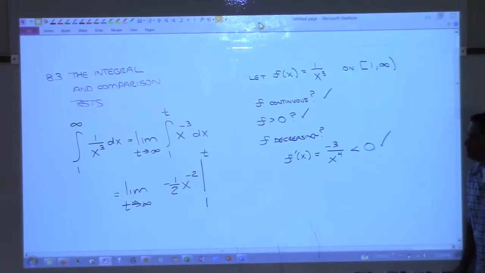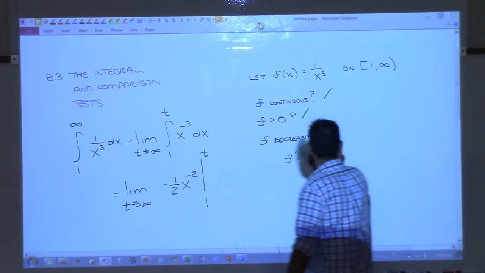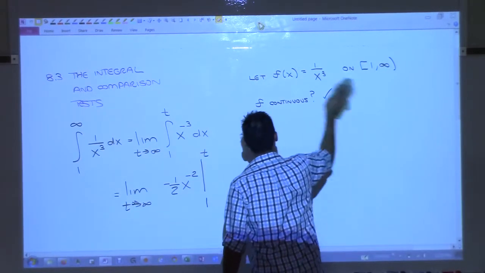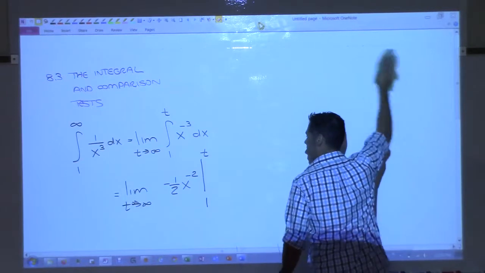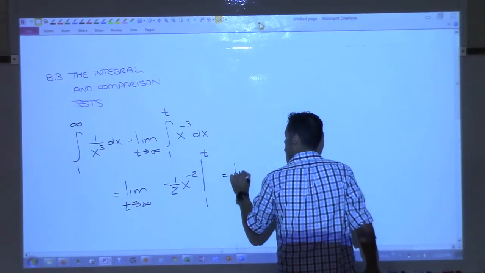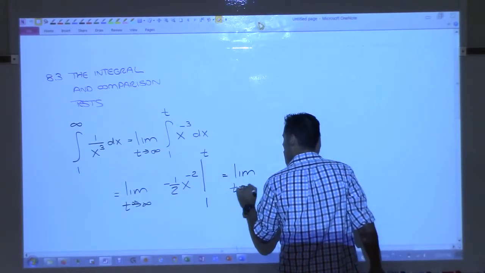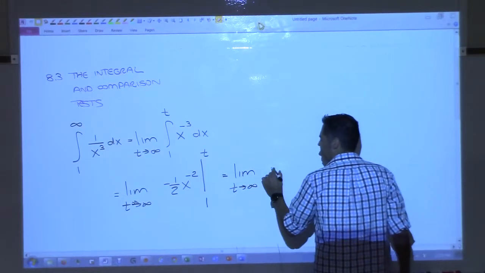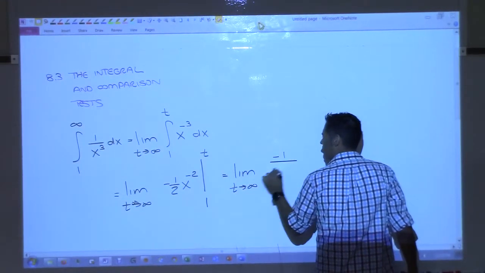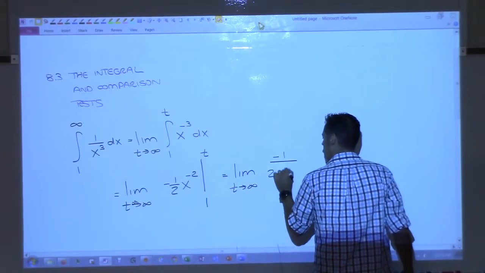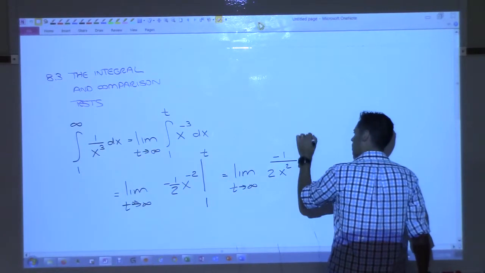Questions? This is the limit as t goes to infinity. I'm going to rewrite it. Negative 1 over 2 x squared evaluating 1 to t.